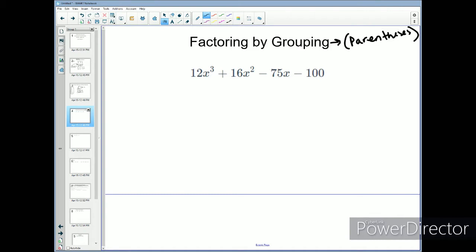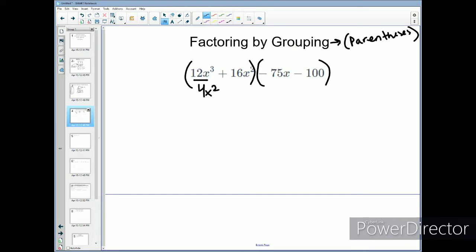And we're going to go ahead and group the first two terms and the last two terms. We've got two groups now. We're going to treat these groups separately for now, then we're going to bring them back together in the end. What we're going to do with each group is we're going to factor out the greatest common factor. So the greatest common factor, the GCF of 12x cubed and 16x squared, is going to be, 12 and 16, the GCF is 4, and x cubed and x squared, the GCF is x squared.